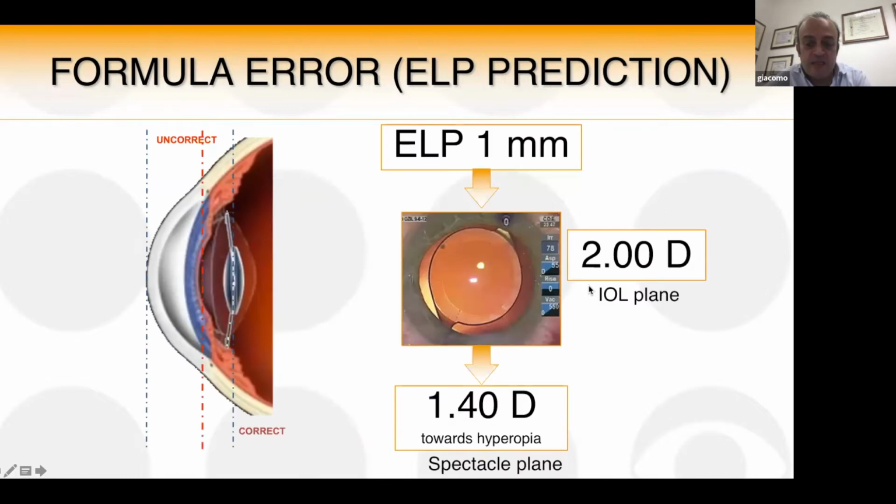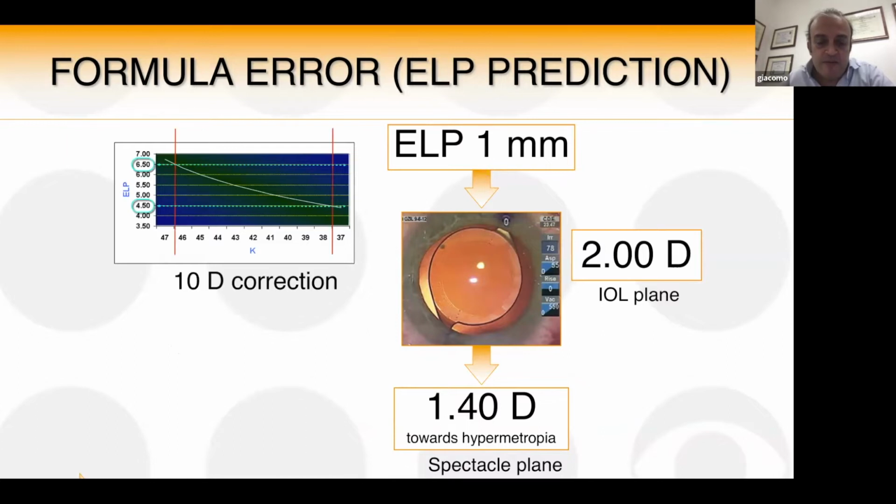If you have an error of 1 millimeter in the ELP estimation, you will get at the spectacle plane 1.4 diopters of hyperopia that will add to the keratometric index error in post-myopic eyes, because these errors go in the same direction.